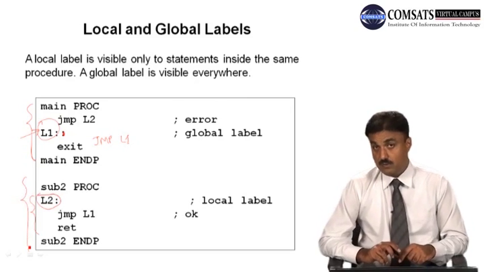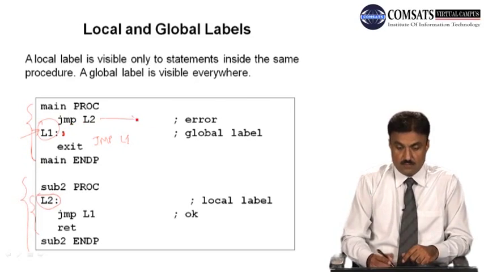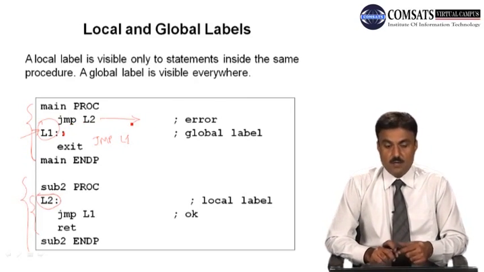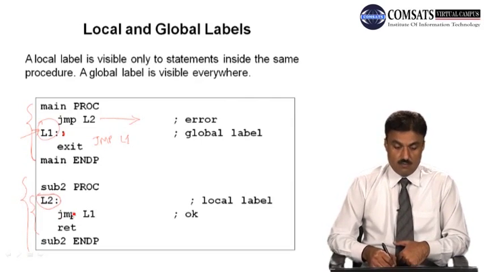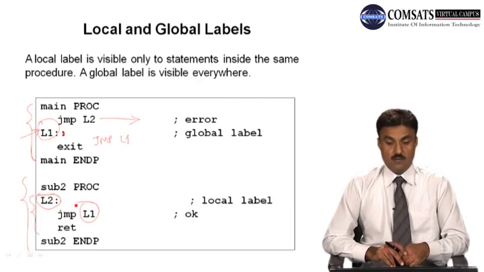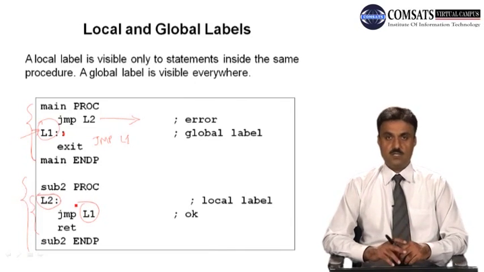So just be careful when, for example, this jump L2, this will cause an error if you want to jump to this local label. However, you can jump to L1 because this is the global label and so on. So the global labels are available everywhere, and local labels are available within their procedures and so on.